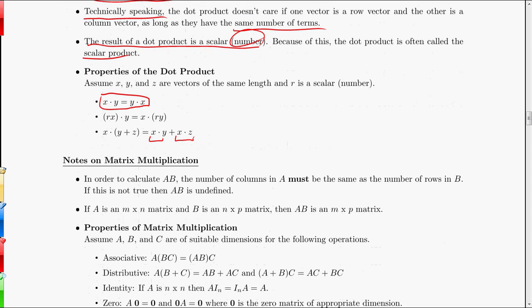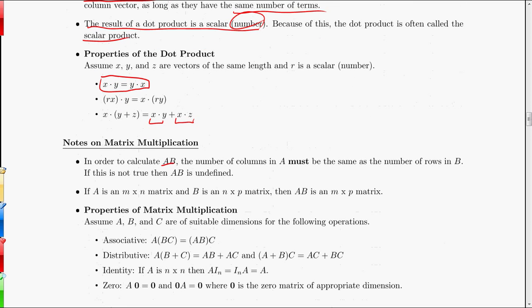Some notes on AB, matrix multiplication. The first one is that the number of columns in A must be the same as the number of rows in B. What that means is, if you have A, an M by N, and multiply it by B, an N by P, these two numbers must be the same thing.